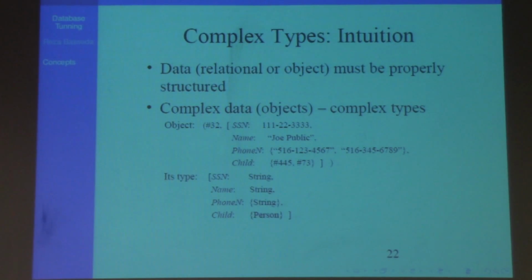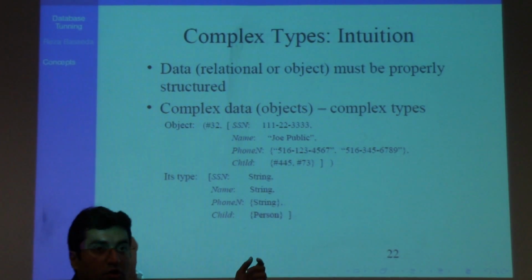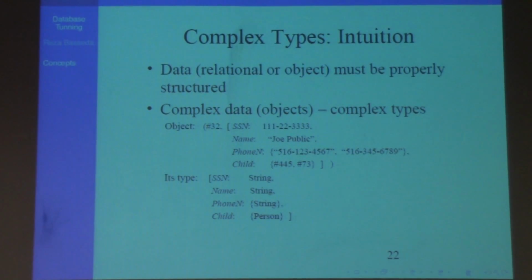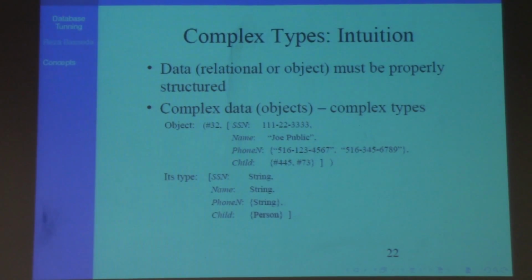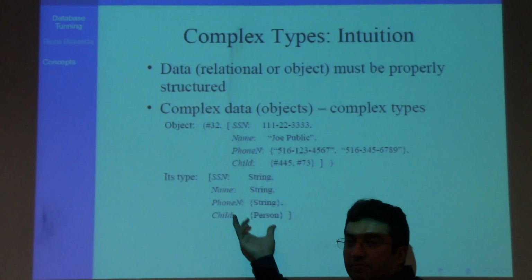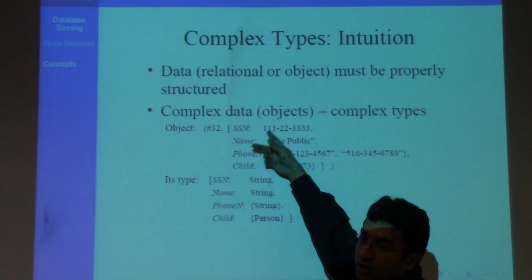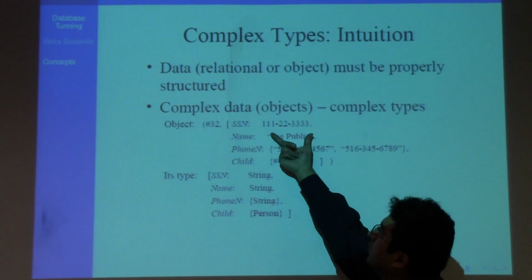What is the type of this person? If I give you another object, how can you distinguish these two objects are from the same class? If all of them have the same structure in their values, this is an object ID in this value, right? The value is very straightforward.